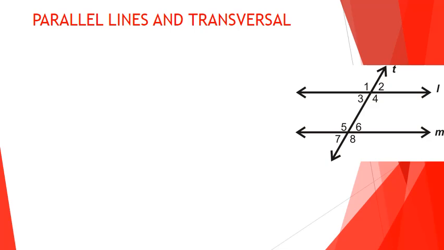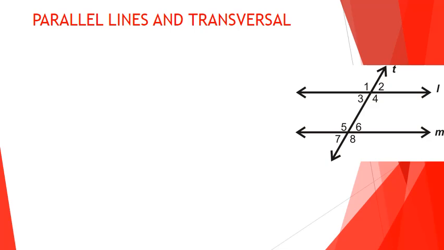Next, the angles which lie below the lines: angle 3 and angle 7. Similarly, the corresponding angles on the right side of the transversal are angle 2 and angle 6, angle 4 and angle 8.